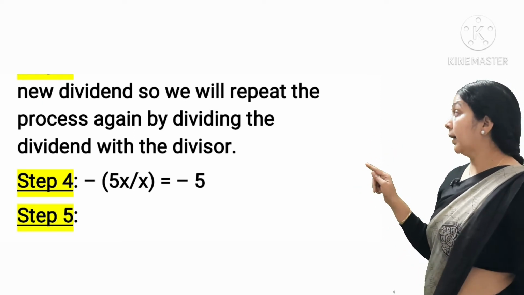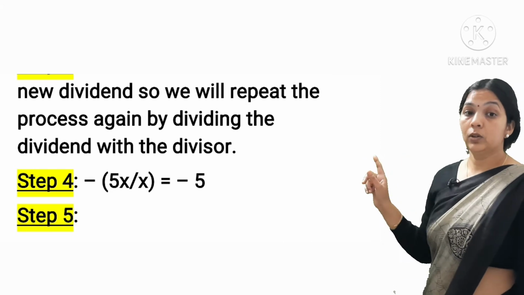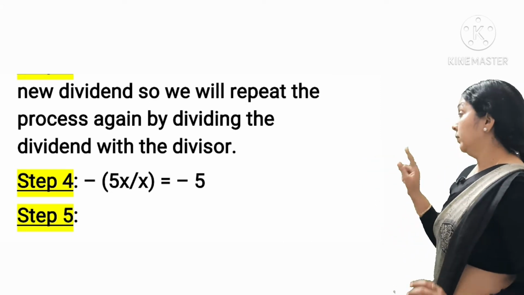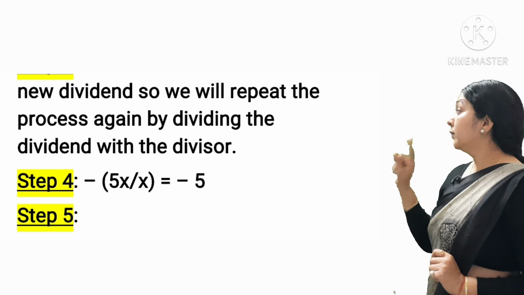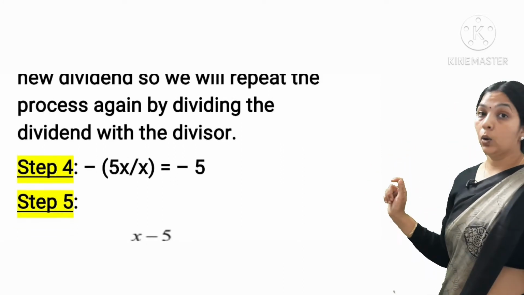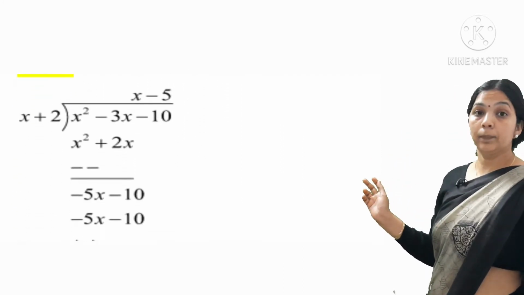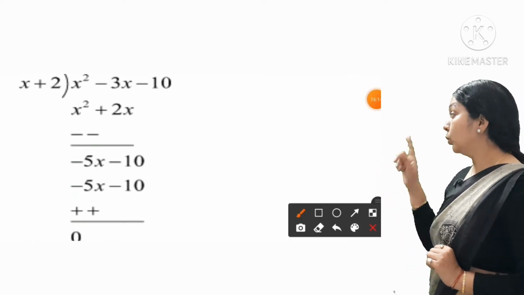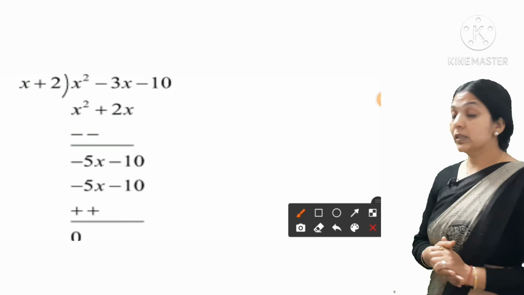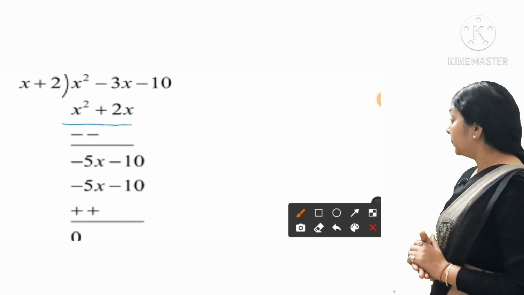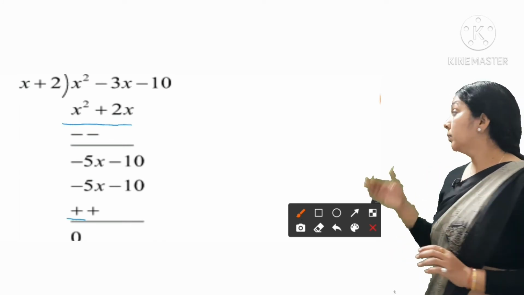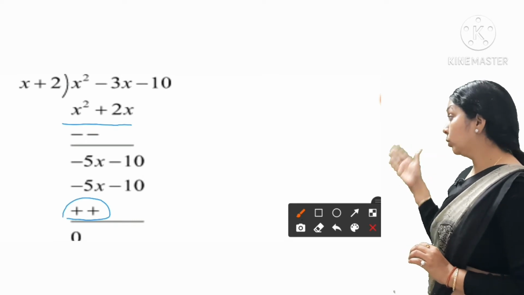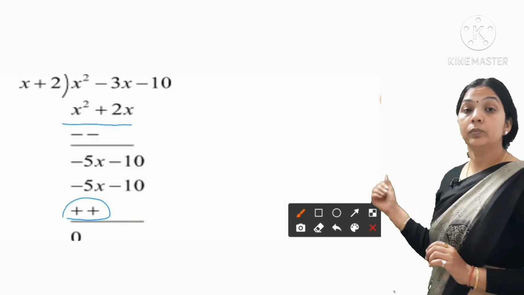So we will multiply the divisor with minus 5, so it would result in minus 5 into x plus 2, so minus 5x minus 10. Now again the sign would be changed, okay, so plus 5x plus 10, so the x term will be cancelled, minus 5x would be cancelled out by plus 5x, and minus 10 and plus 10 both will be cancelled out, and the remainder becomes 0.